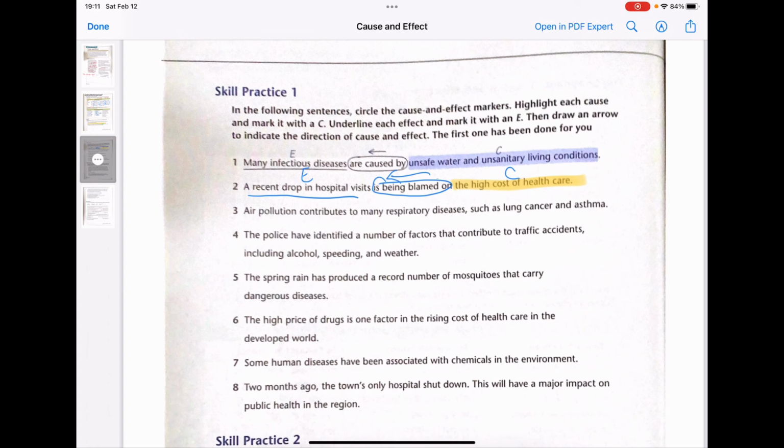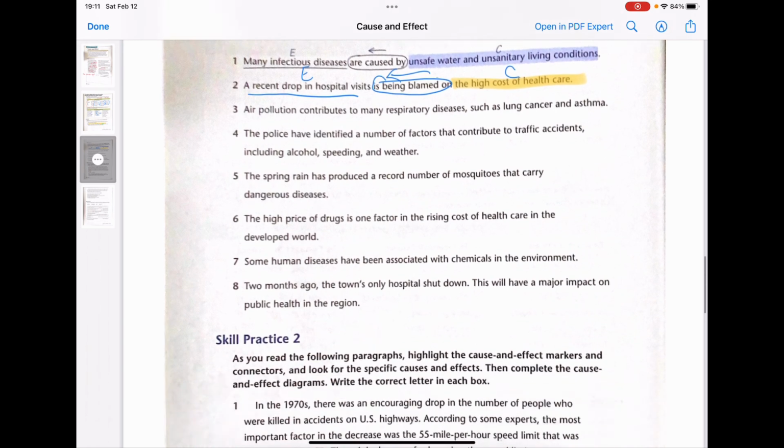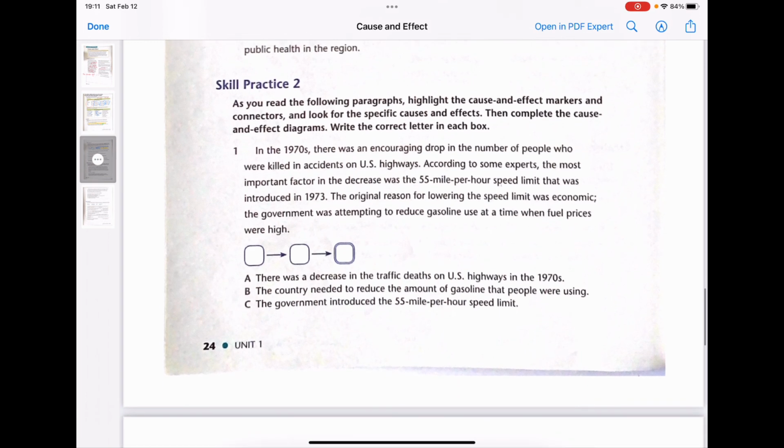And then when you finish going through this activity, there is an answer key available for you to check your answers. Skill practice 2. This is looking at a paragraph instead of a sentence. So your job is to look at the paragraph, identify some of the cause and effect markers, and then you're going to write the correct letter A, B, or C in the box corresponding to the cause effect diagram.